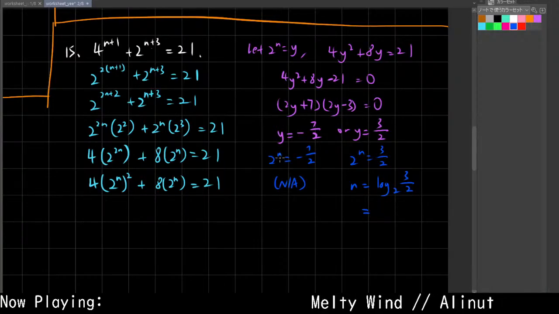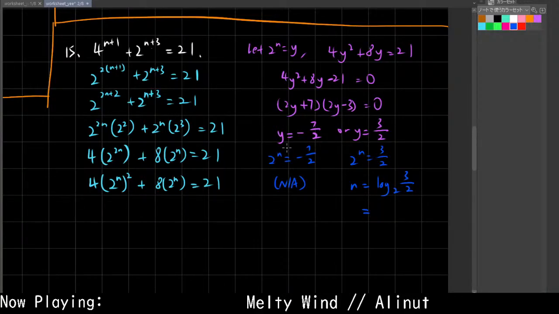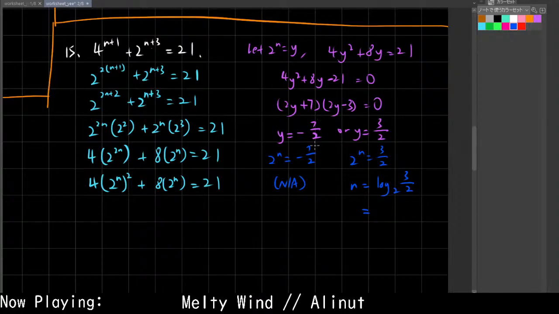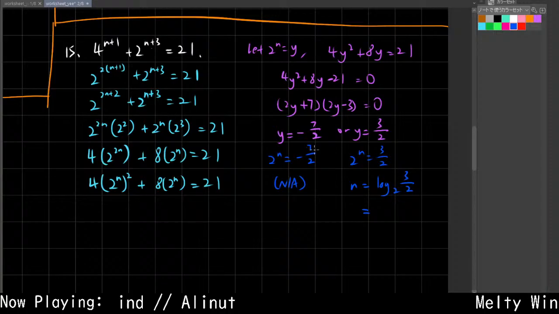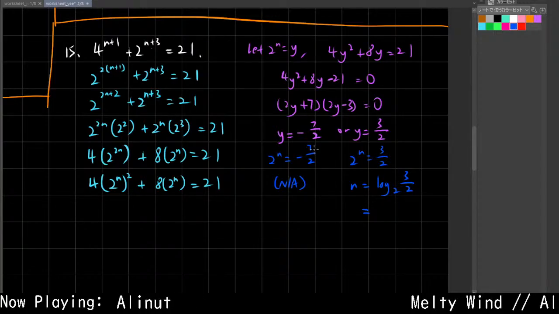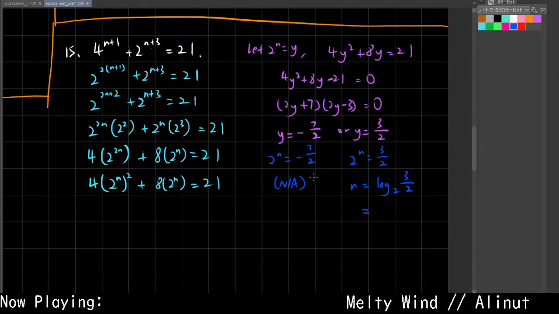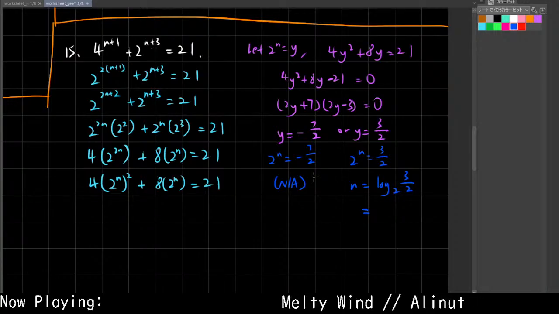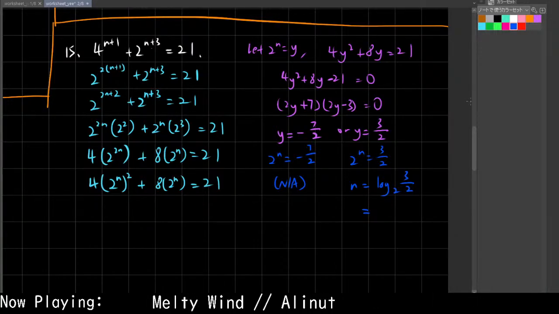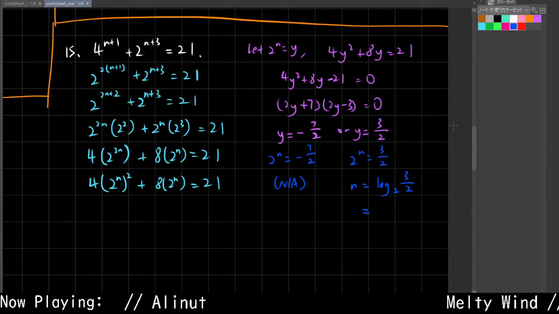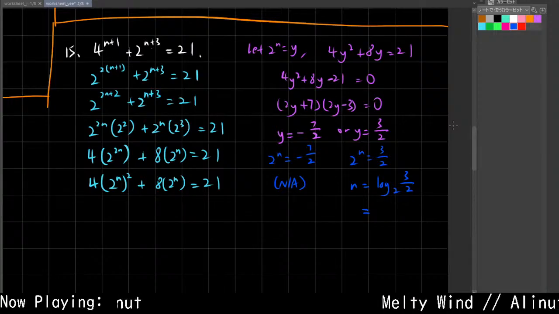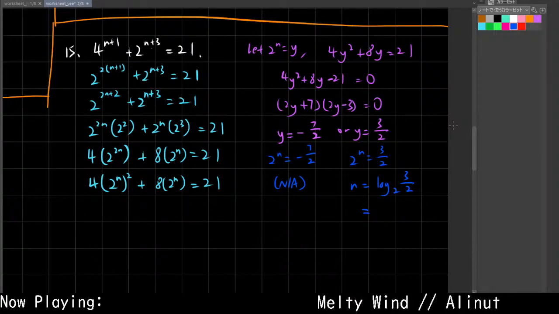So your 2 to the power of n over here cannot be equal to negative numbers, because 2 is a positive number. No matter how many times you multiply 2 by itself, it's impossible to obtain a negative number.